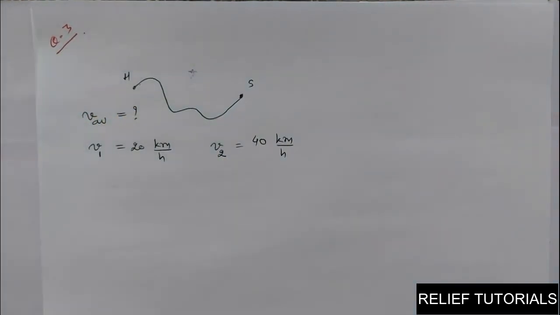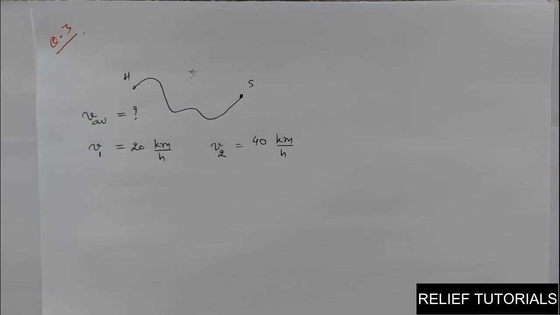V_av. We know that V_av, the average speed, is total distance upon total time, meaning S1 plus S2 upon T1 plus T2. But here S1 is not given, S2 is not given, the distances are not given, the time required going from home to school or school to home is not given.